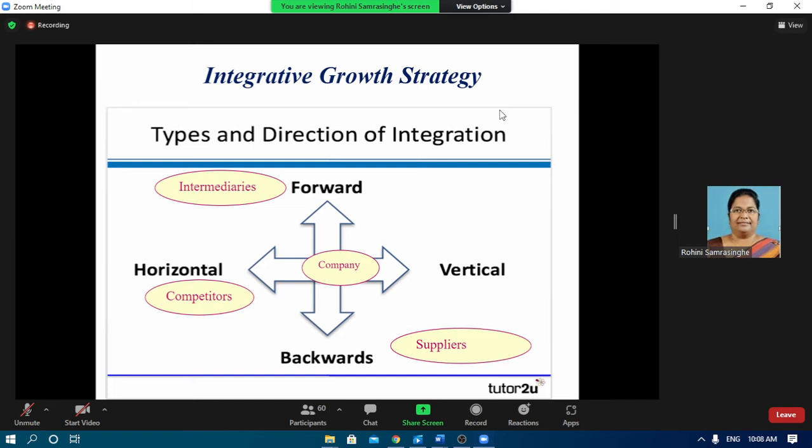So likewise, they can apply different forward and backward integration strategies here. In addition to horizontal integration, they can acquire a whole company or part of a company, maybe joint ventures, and also sometimes they can connect with their competitors.